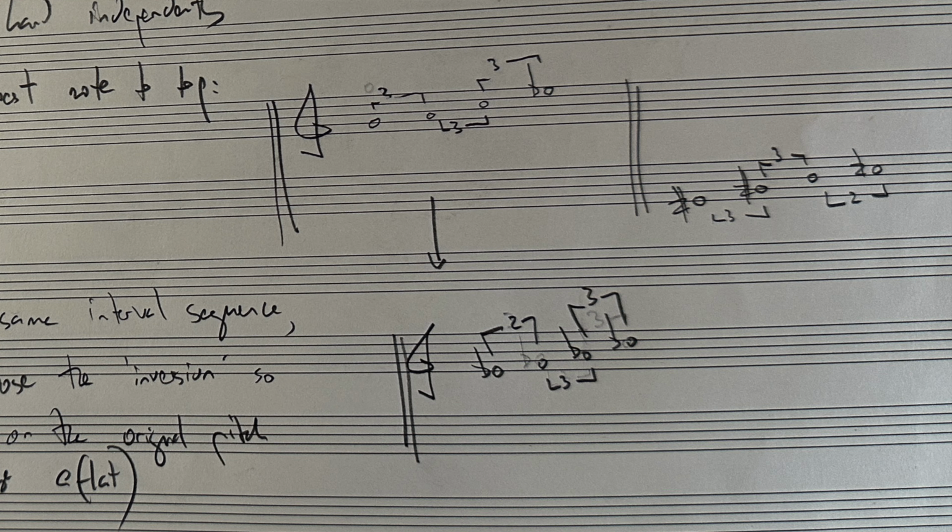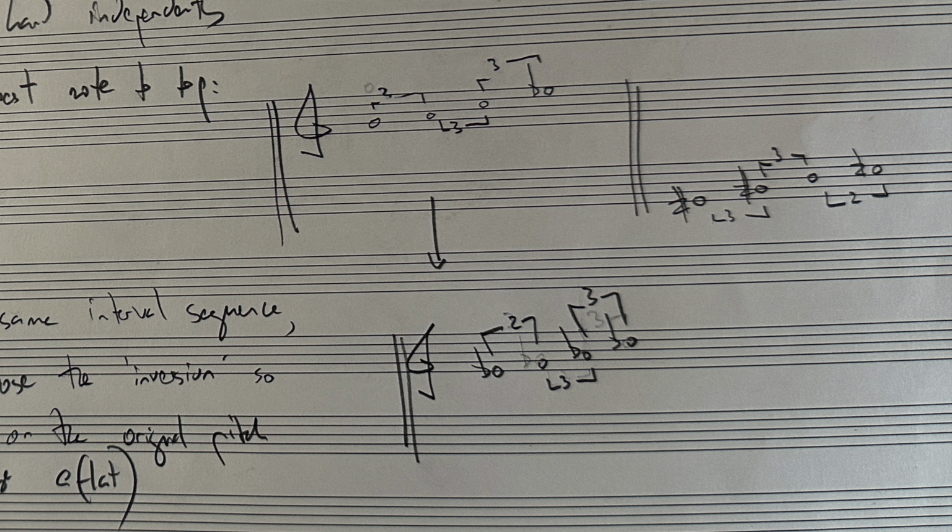This is where I used the unhelpful term bump it down. What we're going to do is keep that same interval sequence, but transpose this inversion down to the original note, which was E flat, right? So I'm going to move my G, A, C, E flat and transpose it to start on E flat, which is how I get E flat to F, which is 2, F to A flat, which is 3, 3.